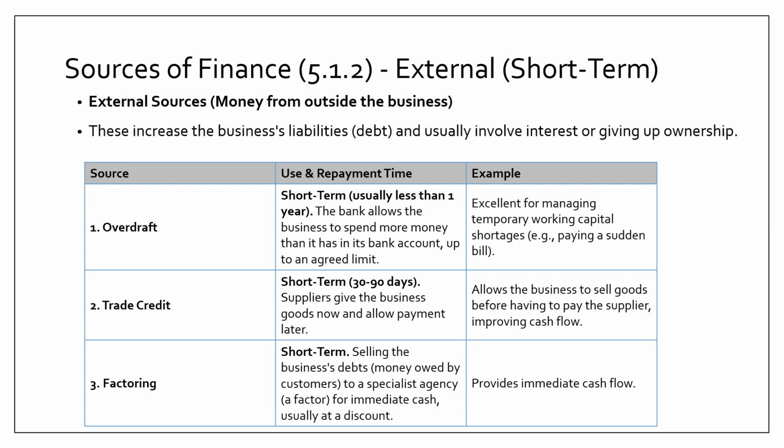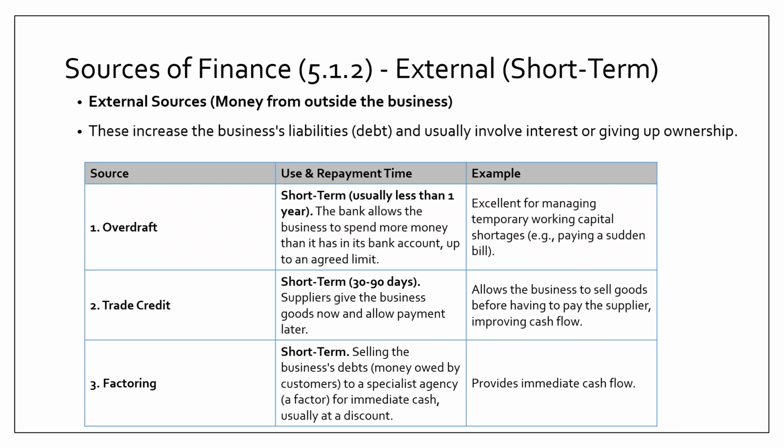What are the external sources of finance, which is the short term external sources of finance, which means money from outside the business? These increase the business's liabilities, the debt, and usually involve interest or giving up ownership. What are the different sources of external finance? Number one, overdraft.